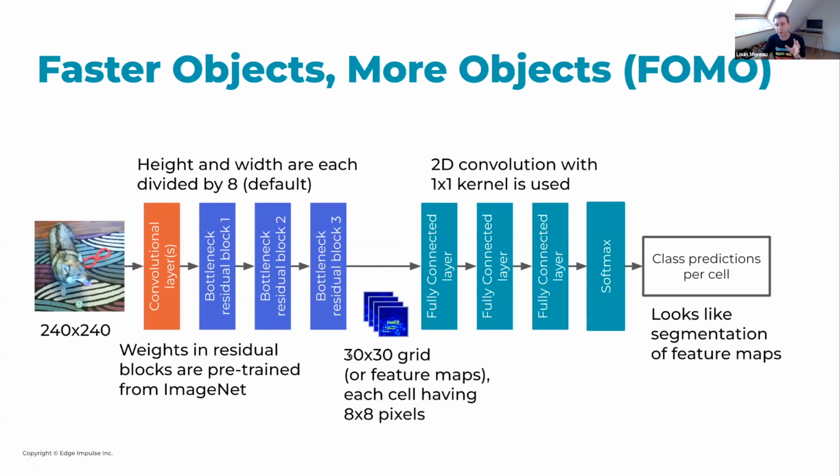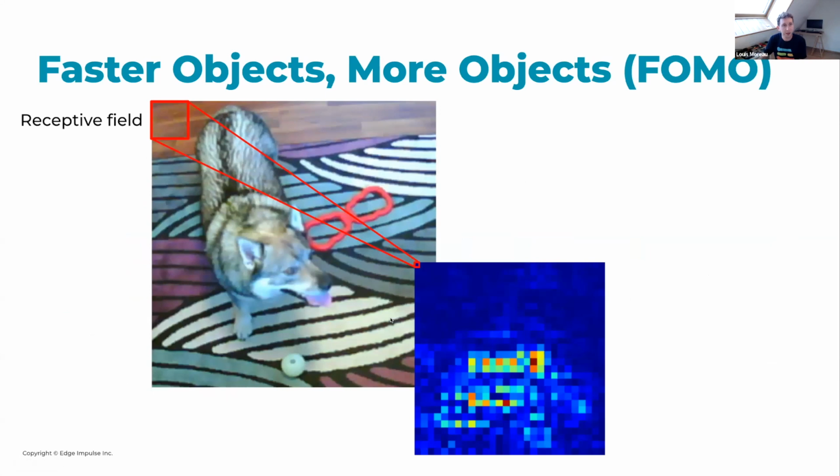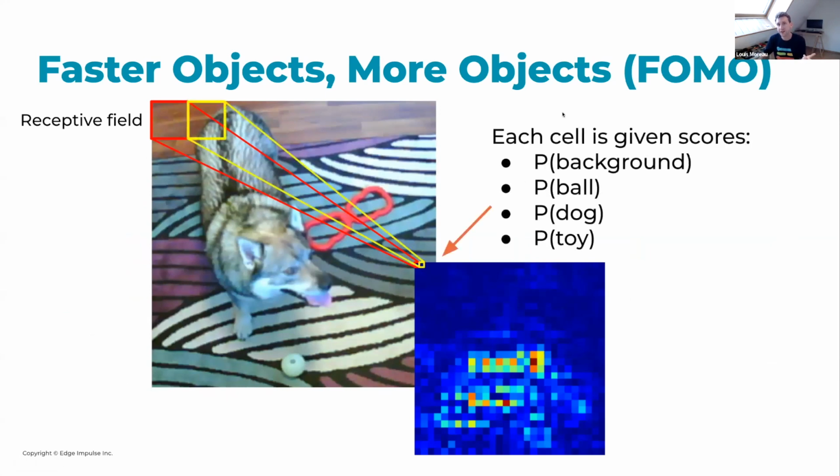So we obtain a 30 by 30 grid of 8 pixels each. And then we run a class prediction like the image classification for each cell. Let me take you with an example. Here you have a receptive field, so a cell, and then we will classify that. So is it either a background, a ball, a dog, or a toy? That's basically the idea.